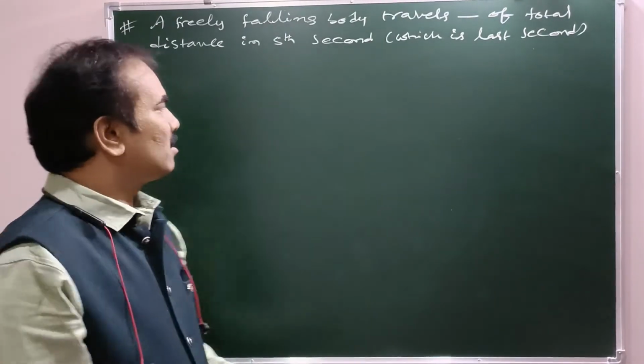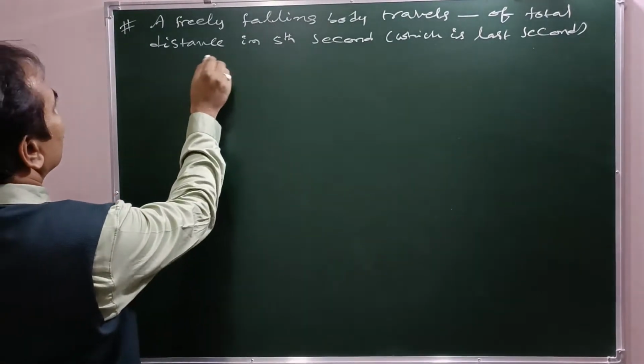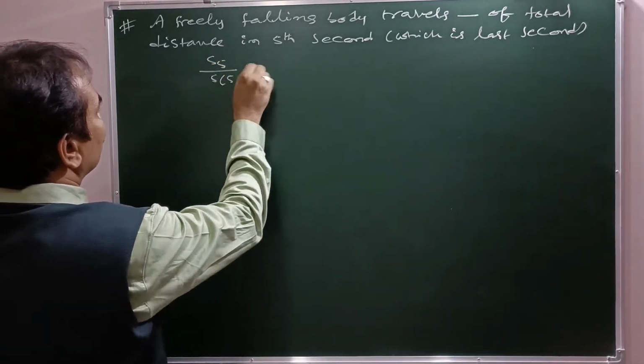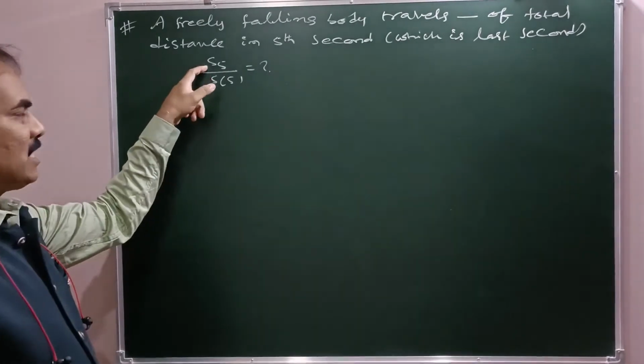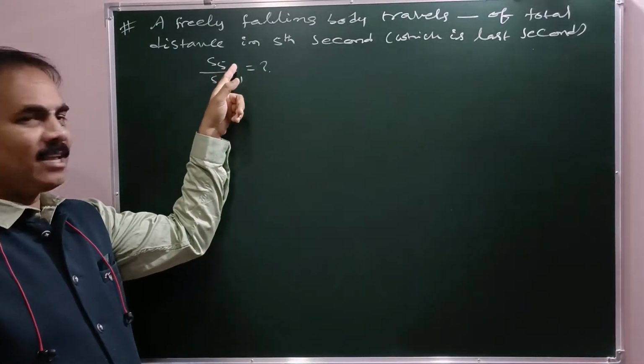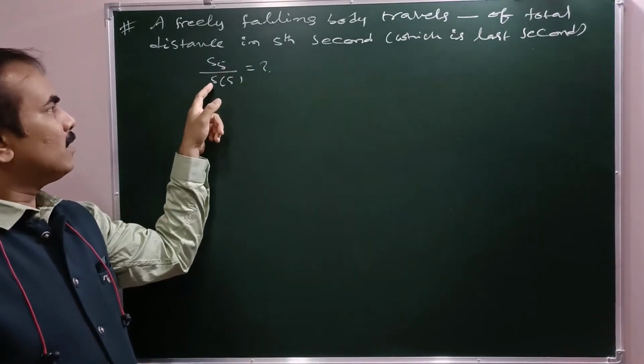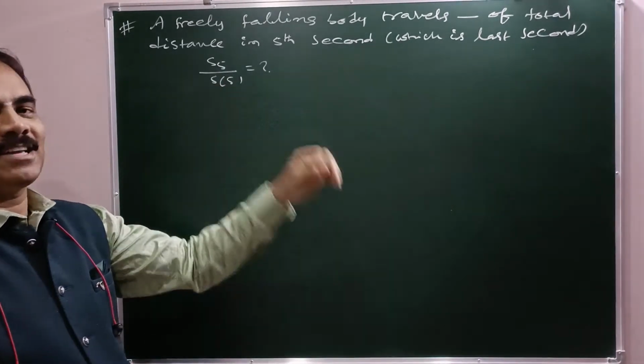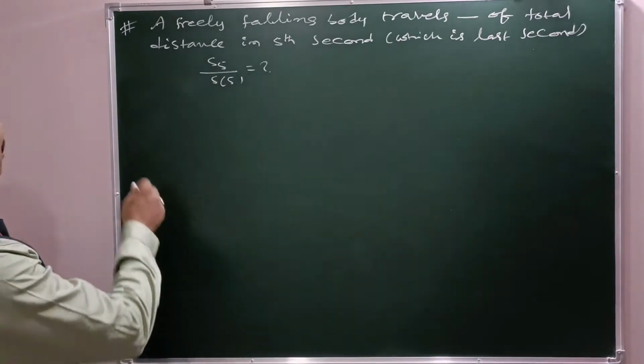So the question is S5 by S of 5. S suffix 5 means the distance covered in especially the 5th second, divided by the distance covered in total 5 seconds. S of 5 means distance covered in total 5 seconds. So how to solve this sum?